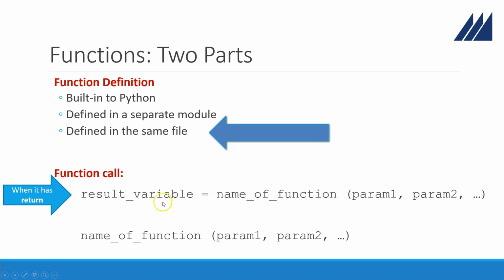The other way, we can call them directly in our program without assigning them to any variable, because these types of functions have no return. They usually print some values or do some type of calculations, but they do not return anything to the main program when you call them. So this is the second part, which is calling the function.